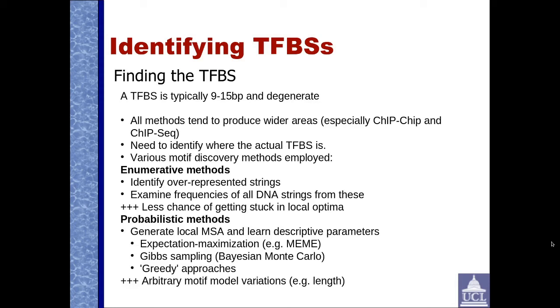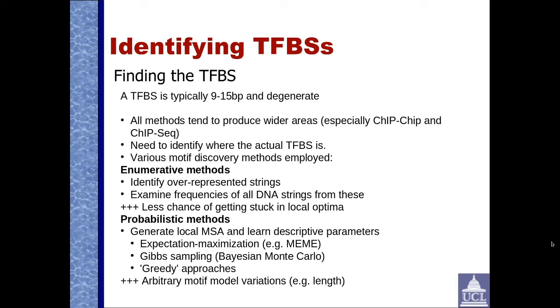We can examine the frequencies of all DNA strings from these wider areas, and from that we can look for patterns that are overrepresented. The advantage of this as a technique is that there is less chance of getting stuck in local optima. We're more likely to find the correct sequence overall.